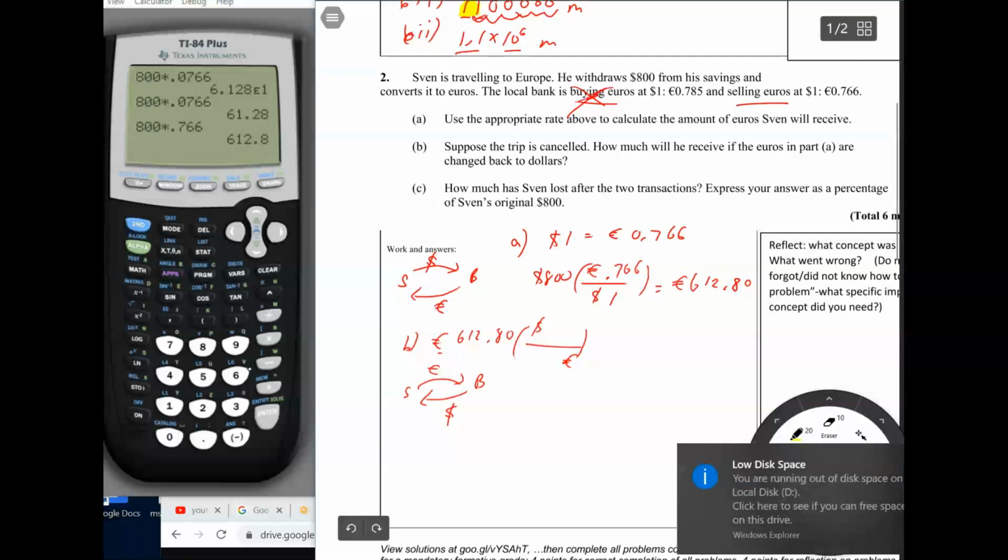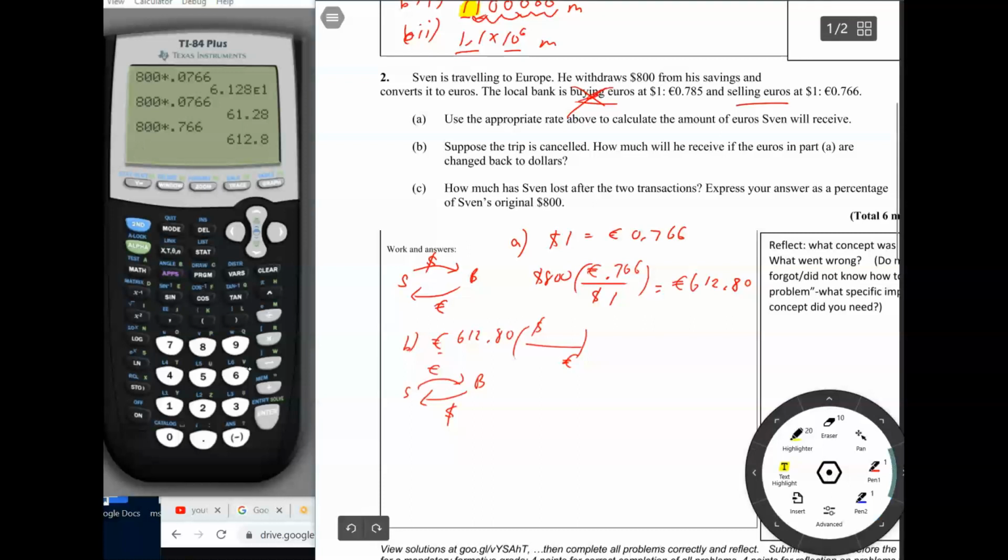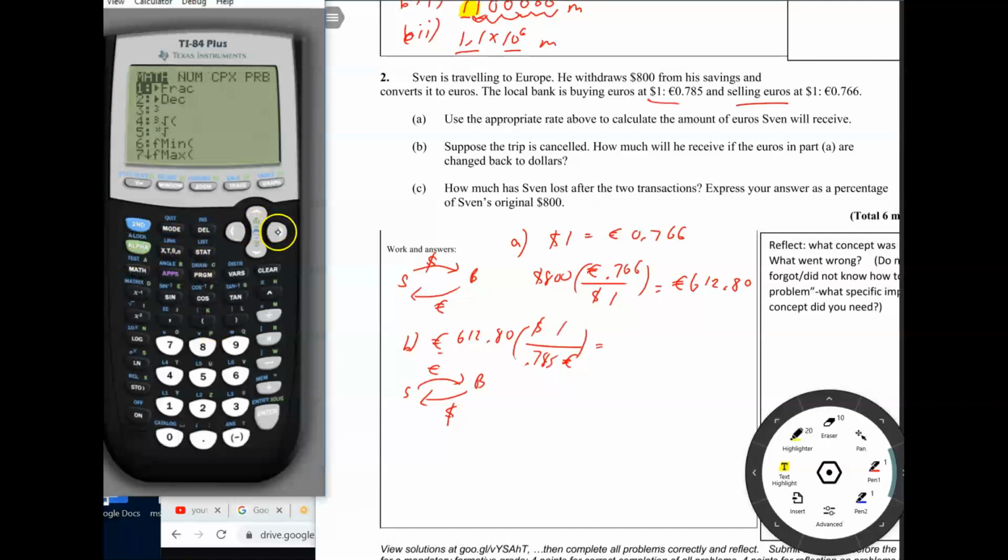So we're going to use this rate here. So the rate is 0.785 euros. So we're going to put 0.785 in the bottom here, and we'll put $1 on top. And let's see what we get. We're going to do the math number ND function.